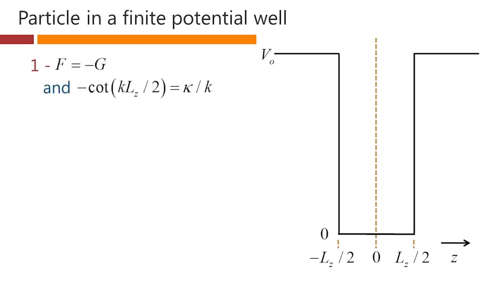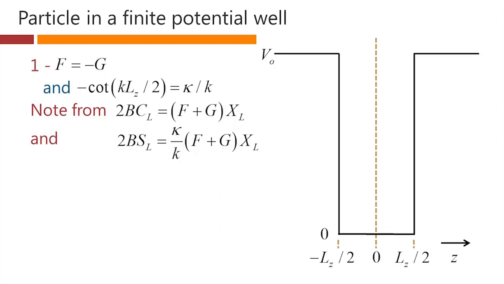The other possibility would be that f is equal to minus g, in which case this condition would be holding. And again, if we note from these two equations, if f is equal to minus g, then this is 0 and this is 0. So the right-hand sides of both equations are 0. But we never have a condition where the cosine and the sine are both 0.